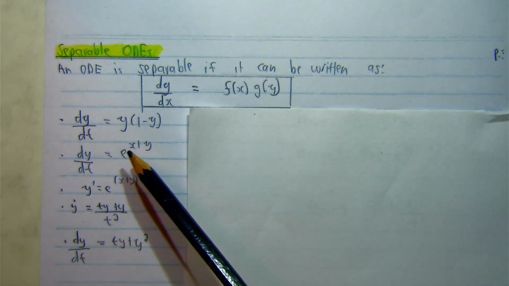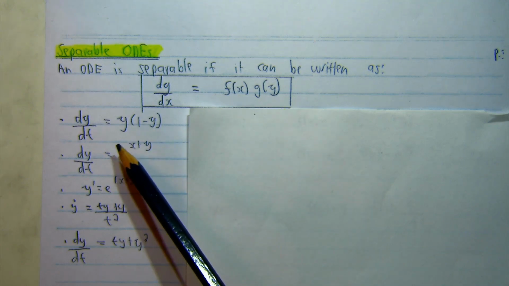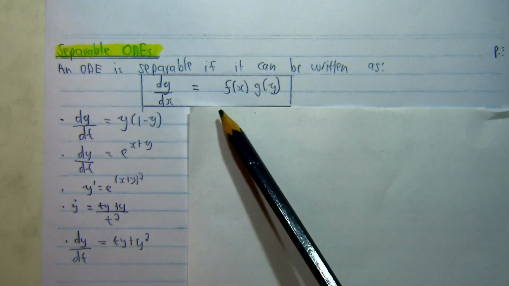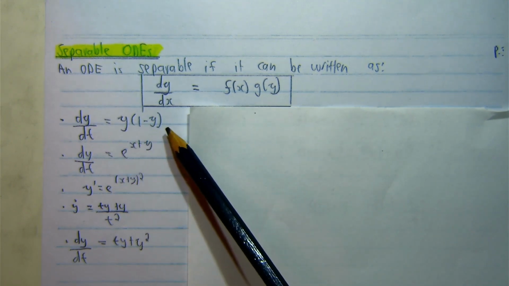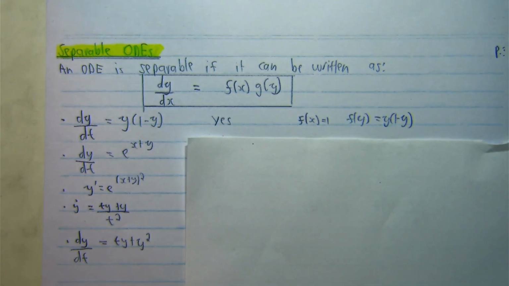And here we can say that, yes, this actually is separable, because g of y is equal to y multiplied by 1 minus y. That is strictly a function of y. And then our f of t in this case would just be 1, the constant one. So the answer is yes, this is separable.